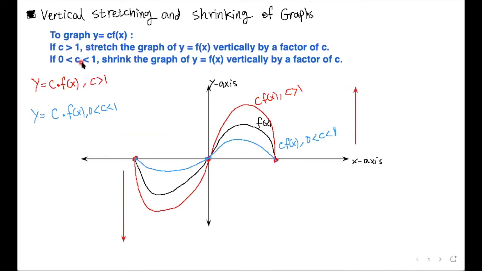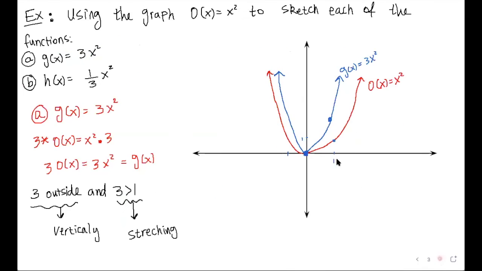Is it greater than 1 or between 0 and 1? The number is 3, which is greater than 1. This means we have to do stretching for the original function. So this is the original function, the red one. We do stretching, so the graph is the blue one. This is g of x, and this is f of x, the original function.